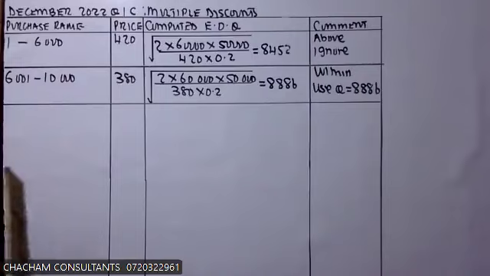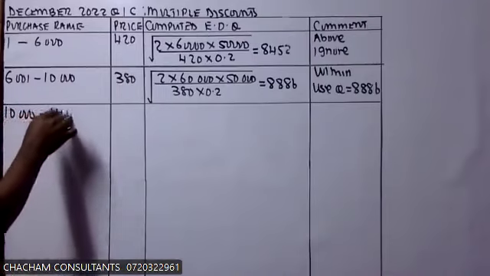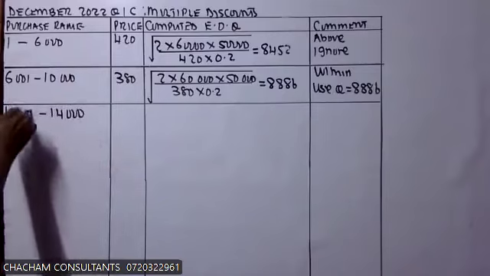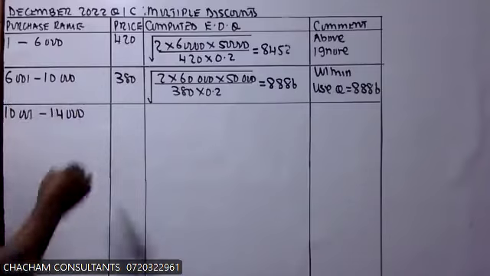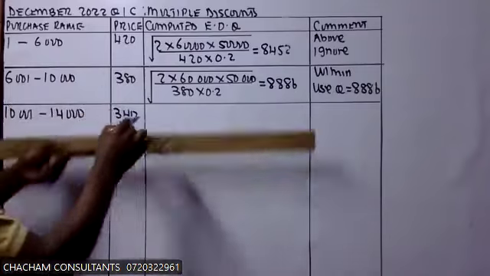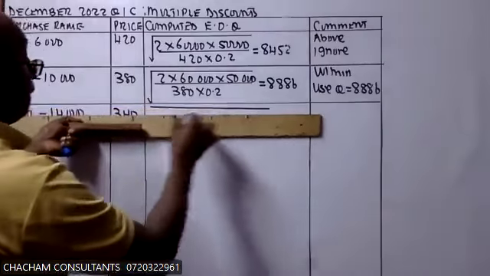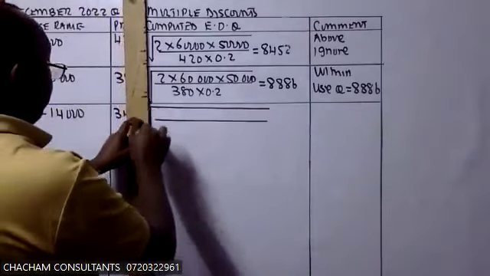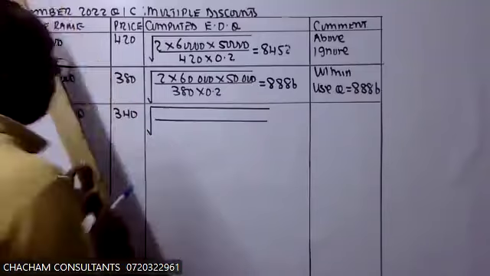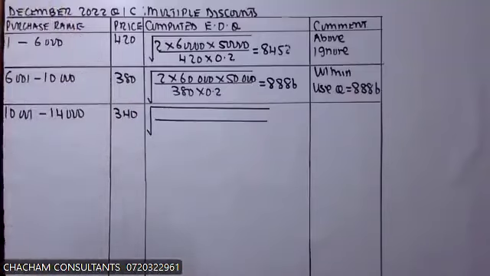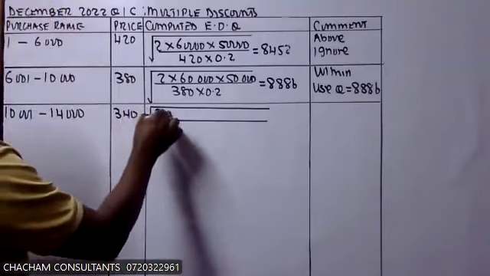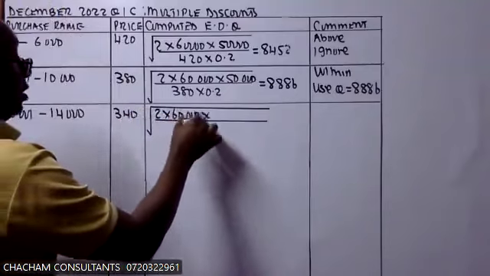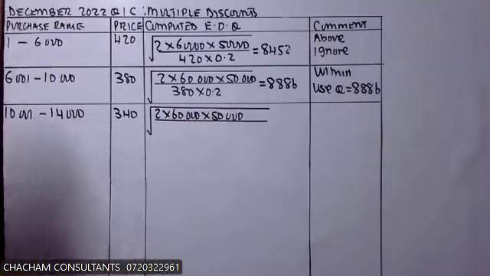So the next is 10,000 to 14,000. The price is 340. So this is 2 times 60,000 times 50,000.